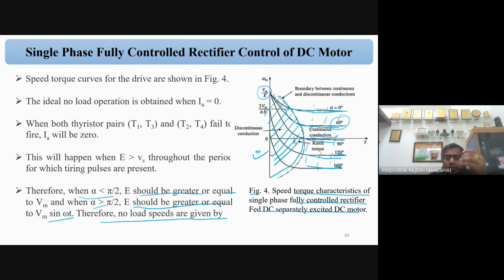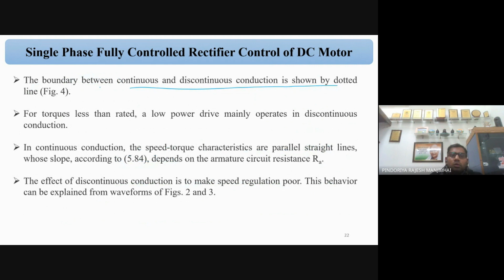In the speed versus torque characteristic, where do we have to operate in continuous conduction mode and discontinuous conduction mode? For torque less than the rated, a low power drive mainly operates in the discontinuous conduction mode.